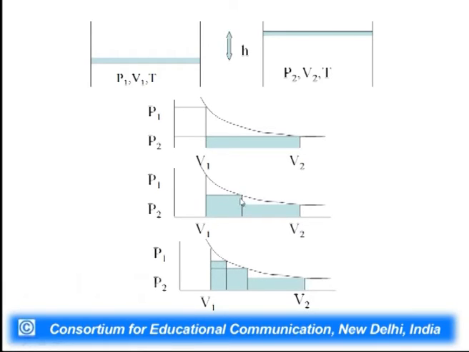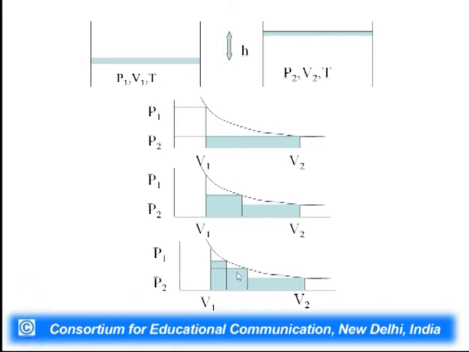If we again go from V1 dash to V2, then our work done will be this area. Now you can see that the total area in the second case is greater than the total area in the first case. It means if you carry out expansion in more than one step, you are going to get more work.